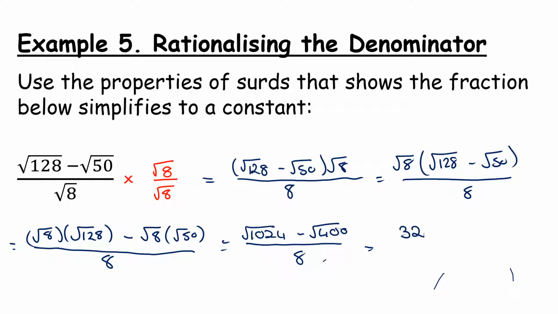Similarly, the square root of 400, because 400 is a perfect square, will give us a nice whole number. So we get 32 minus 20 over 8, which gives us 12 over 8, which gives us 3 over 2.